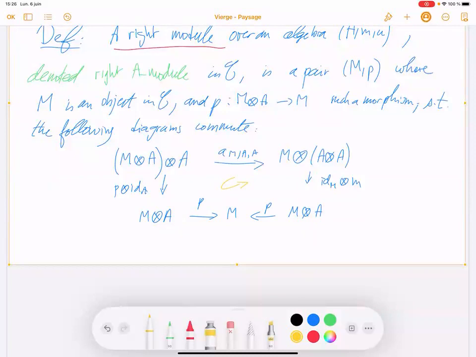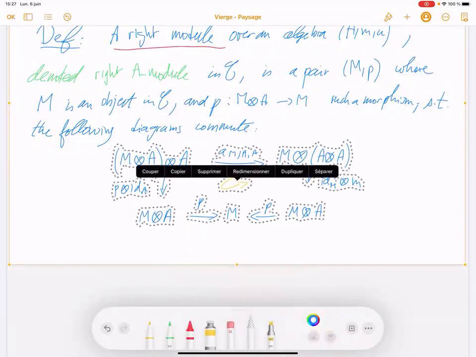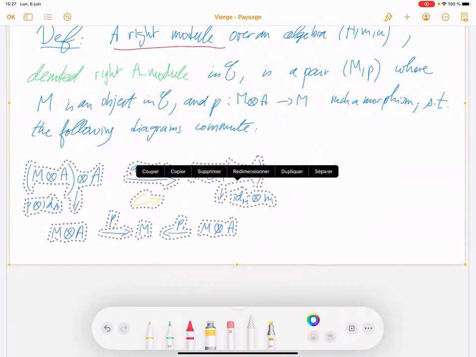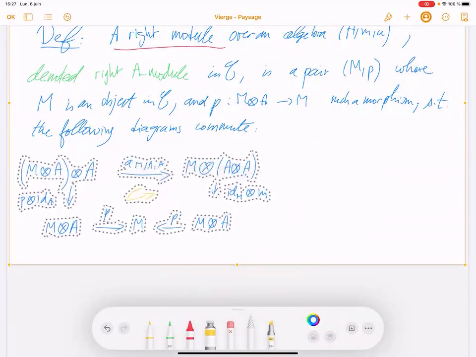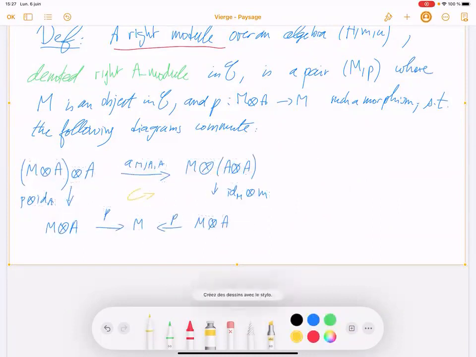And there is also another diagram about the unit. So maybe I will write it here. You start from M tensor 1. You can apply the unit constraint.